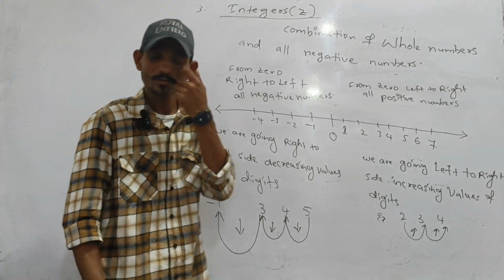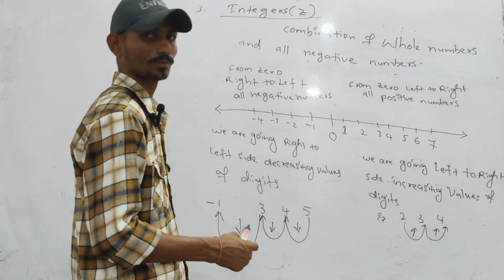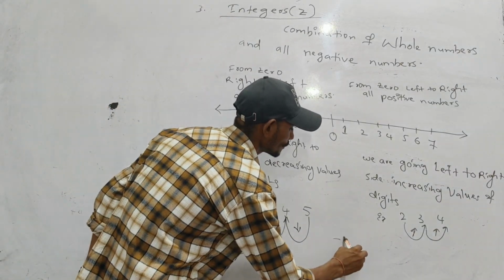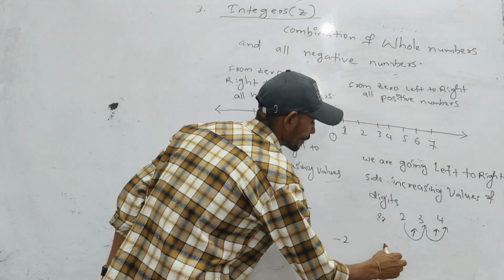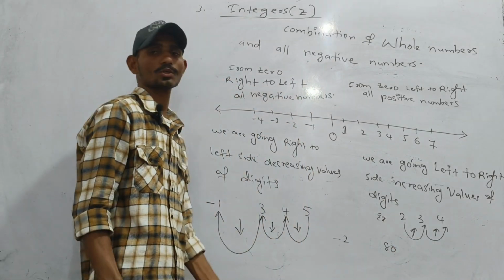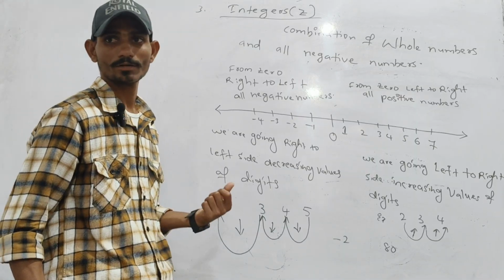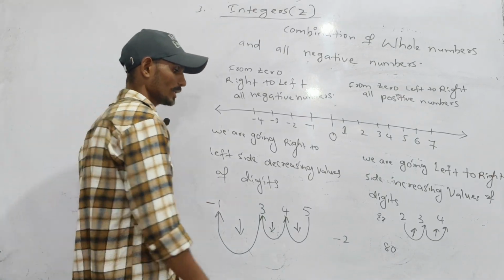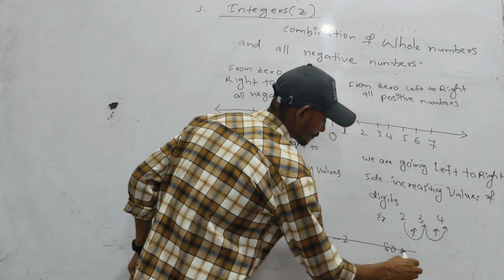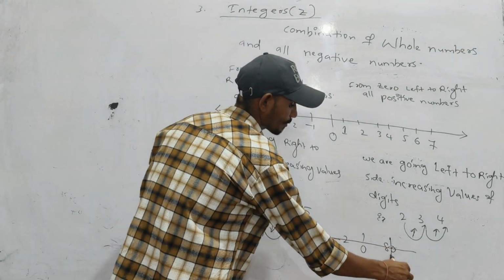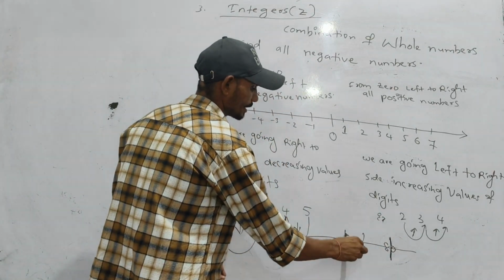Now I am going to give one example. -2 and 80: between these two numbers, which number has the bigger value? We simply take the number line. From 0, the right side is positive values and the left side is negative values.